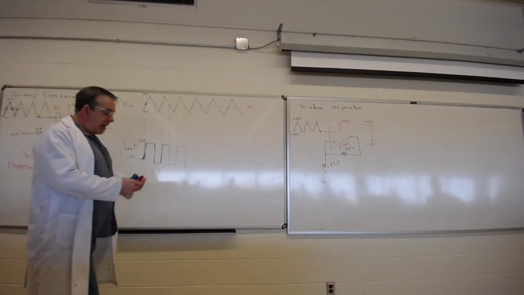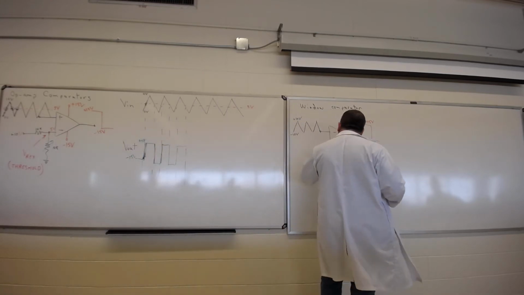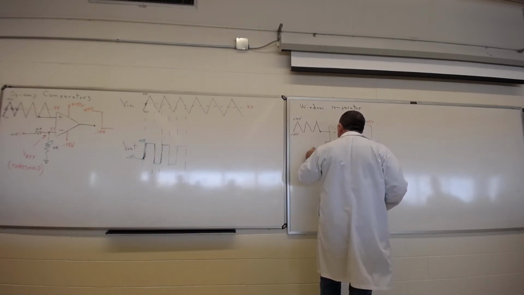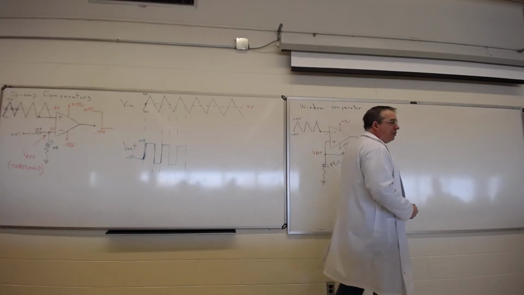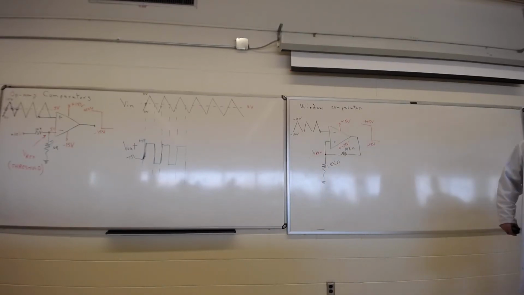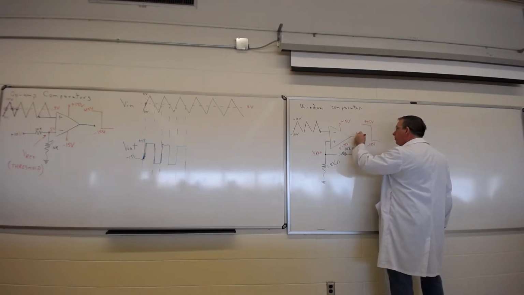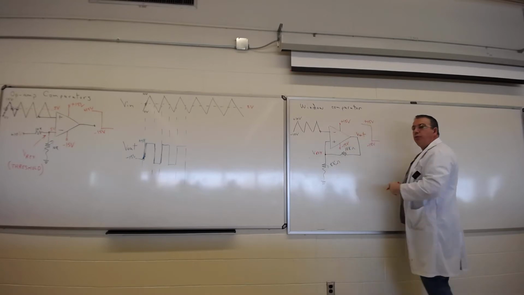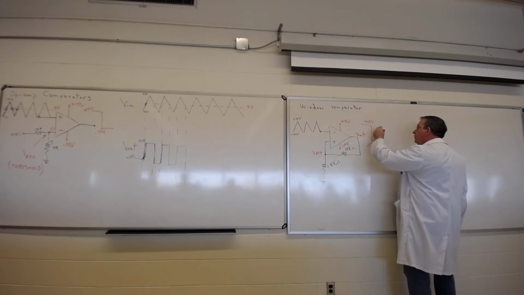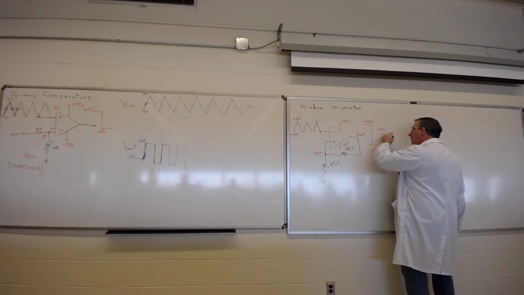Now we're going to determine what our reference voltage is, our thresholds. There's two of them now, and I'll tell you why. You will notice here that I have V out. V out can be one of two things. It could be plus 15 or negative 15.